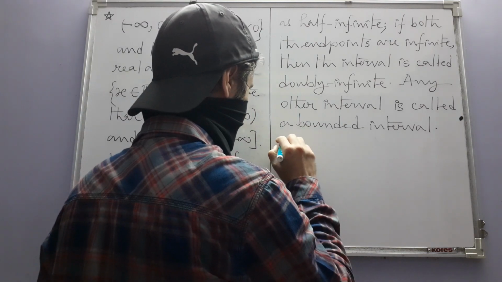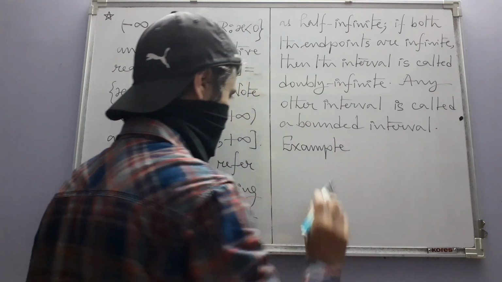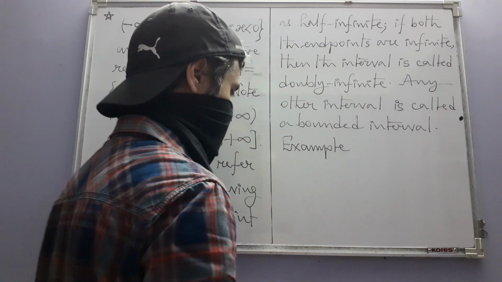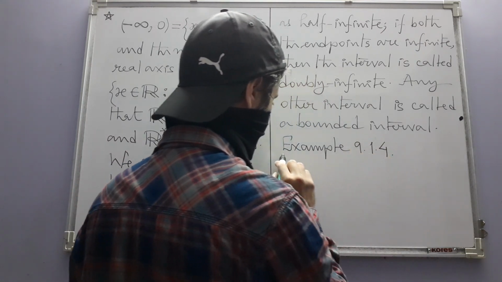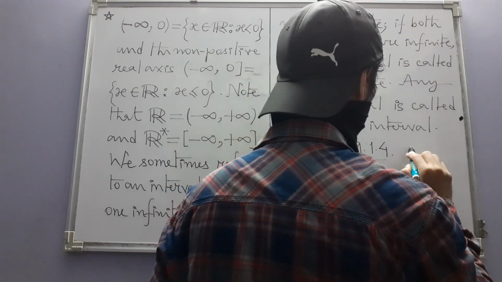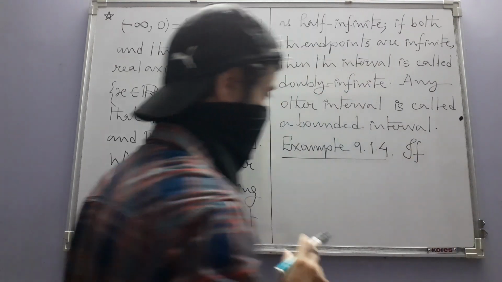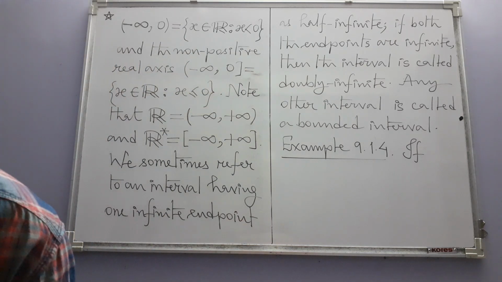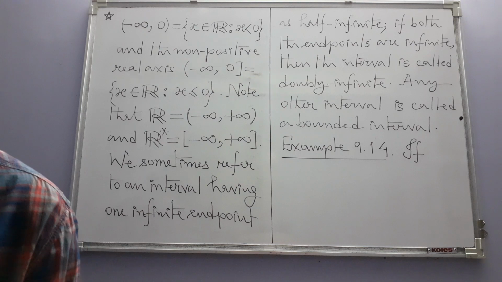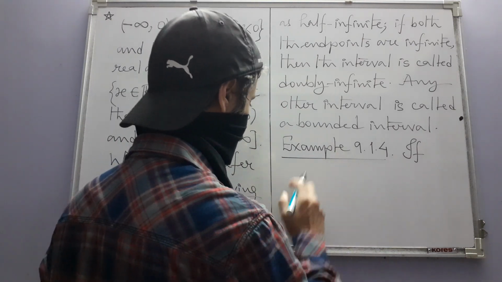Next, there is another example. And this example could in fact have been given as a remark also, but anyway. If A, okay, so now we come to another aspect of these sets. See, the thing is that we see four intervals, right?